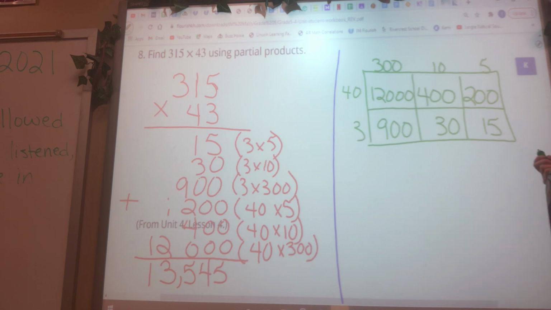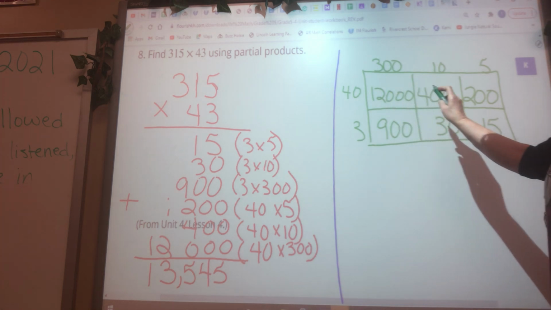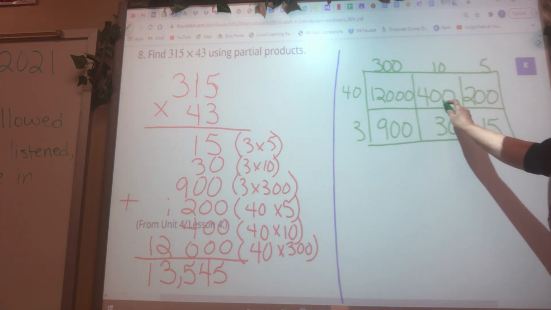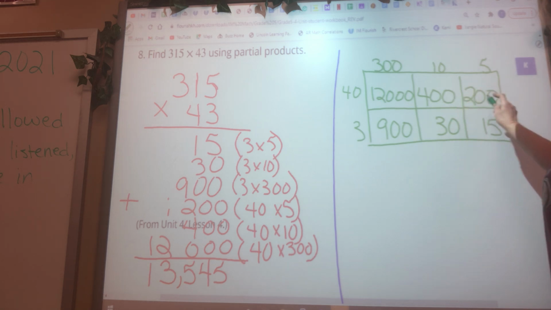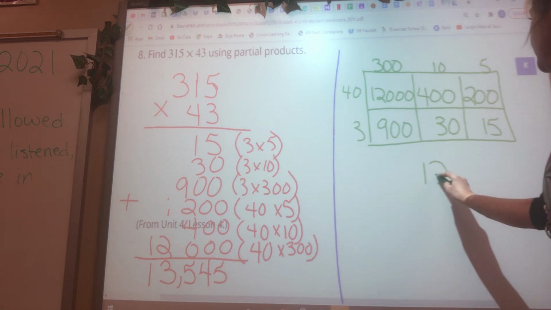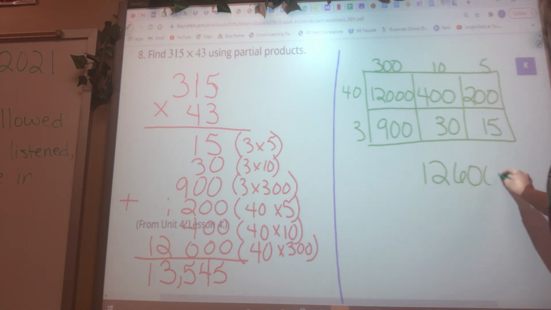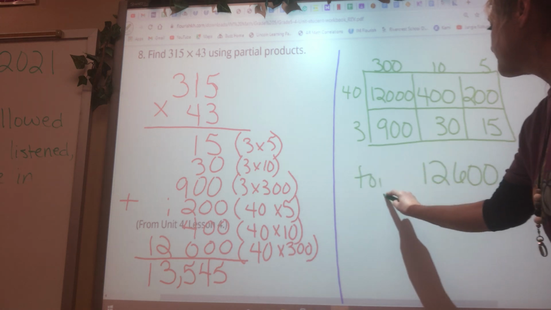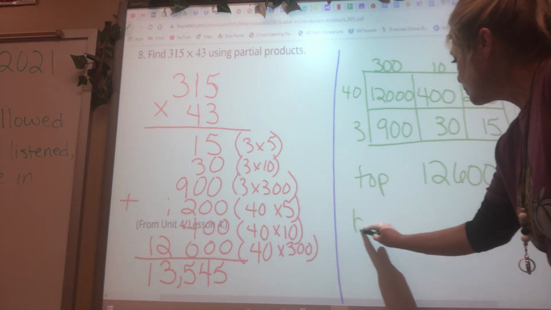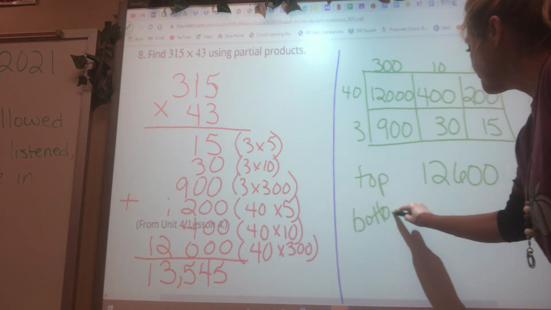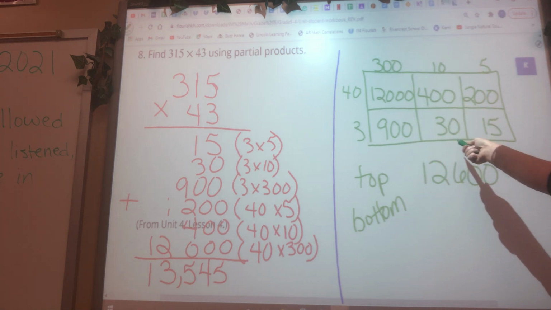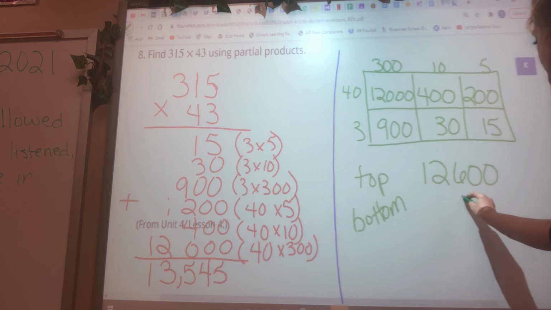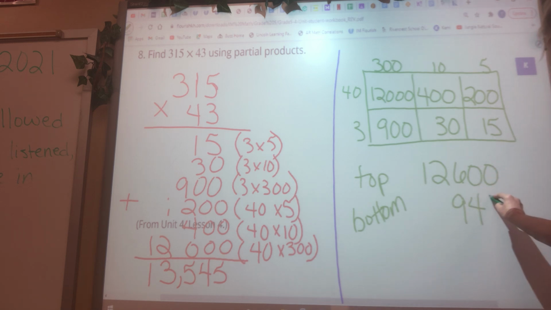13,545. And we can check that. 12,000 plus 400 is 12,400, plus 2 more hundred is 12,600. So that's what was on top. And then if we find what's on bottom of our partial products, we have 900 plus 30 is 930, plus 15 more is 945.